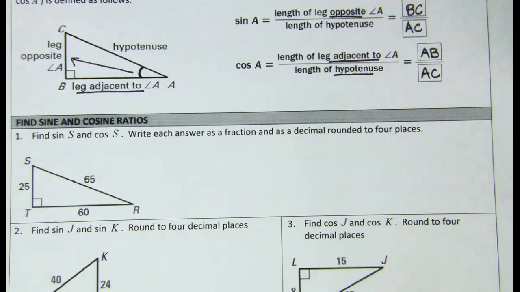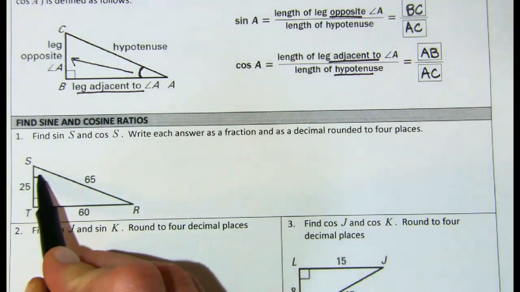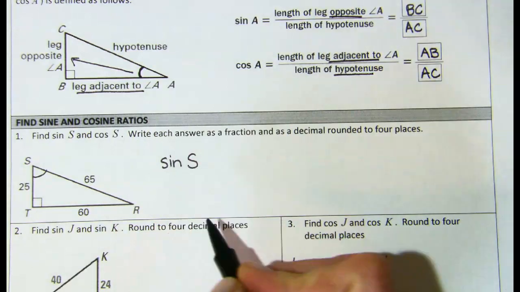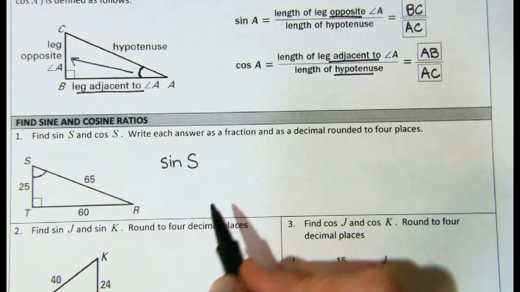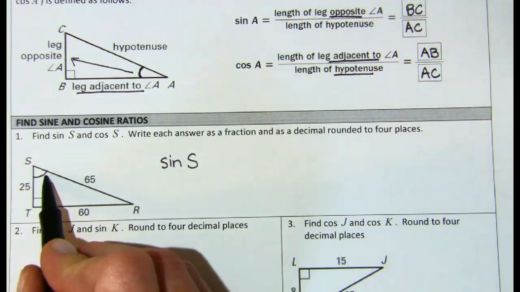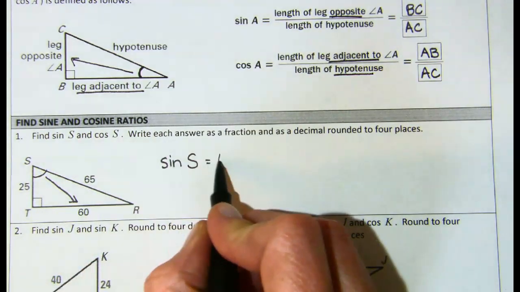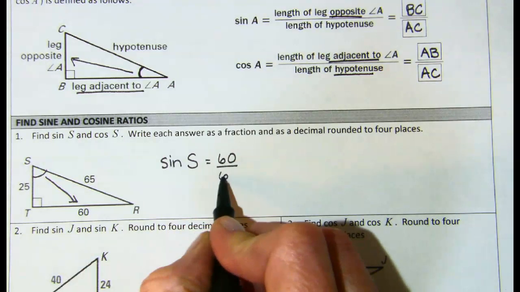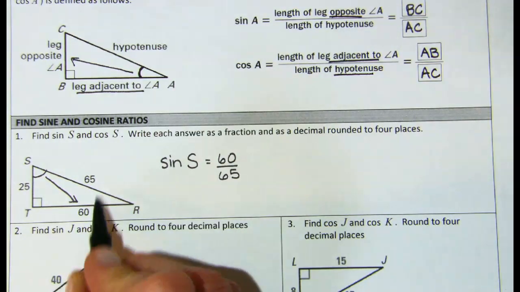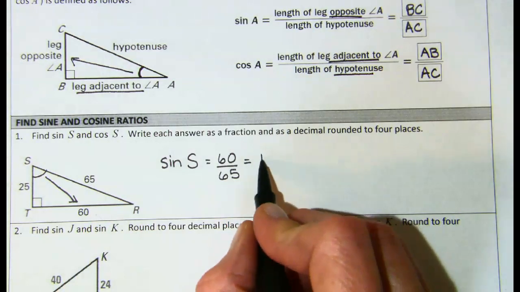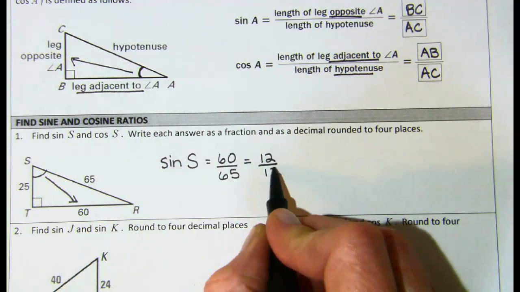So now let's find the sine and cosine ratios for number 1. It says write each as a fraction and as a decimal rounded to 4 places. First, let's do sine S. Sine S, we have to look here, opposite over the hypotenuse. So this is equal to 60 over 65. Opposite over hypotenuse. Reduce this down by 5, we get 12 over 13.